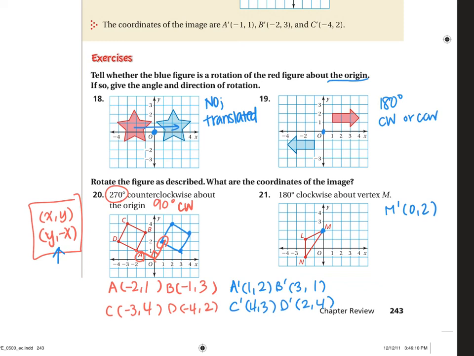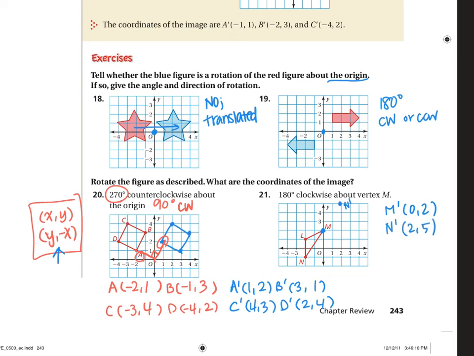So first I move 2 to the right, and then 3 to go up. So I'm going to go ahead and do the opposite. So since I went up 3, I'm going to start from there, 1, 2, 3, and then move out 1, 2. So this is going to be my N prime. And my M prime is going to be 2, 5.